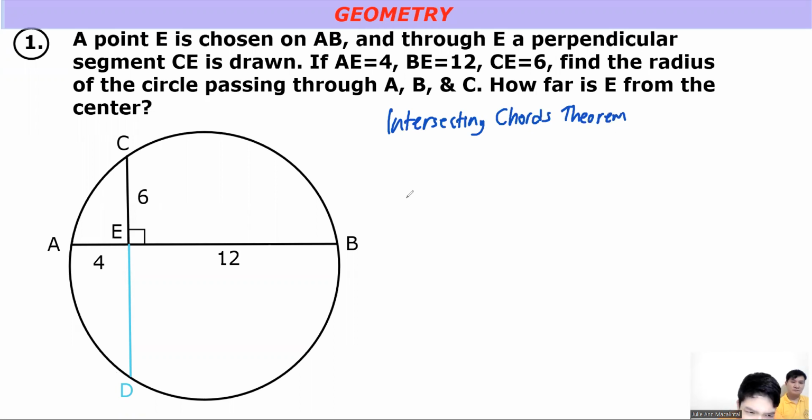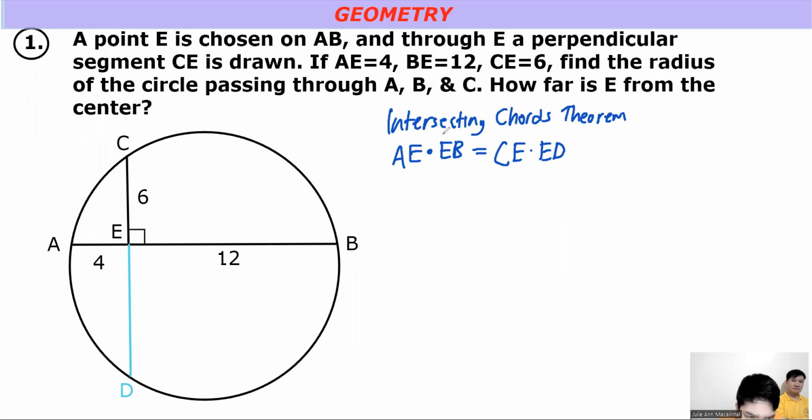It states that when there are chords that intersect, then for one chord AB, cut by E, the product of the segments, AE times EB, is equal to the product of the segments of the other chord, CE times ED. This is CD cut by AB.